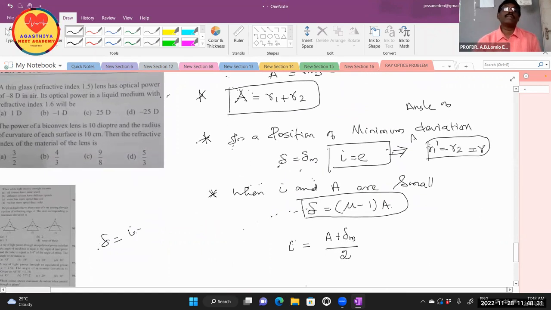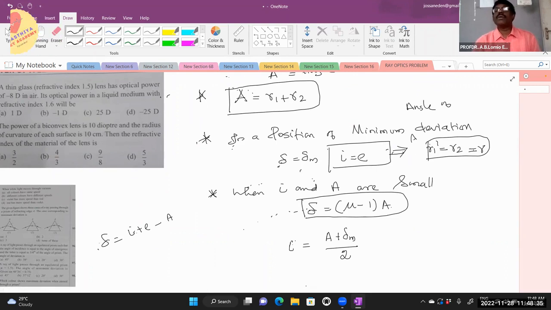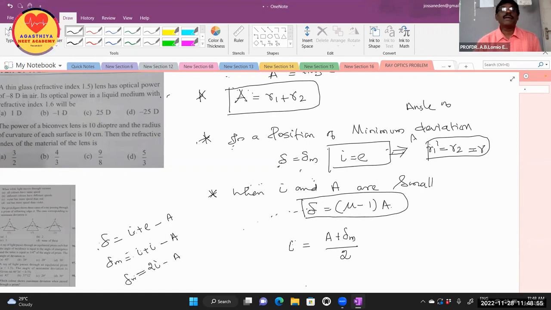Delta is equal to I plus E minus A. When the angle of deviation is minimum, it becomes delta m, and I is equal to E. Therefore, it can be written as I plus I, that is 2I minus A equals delta m.